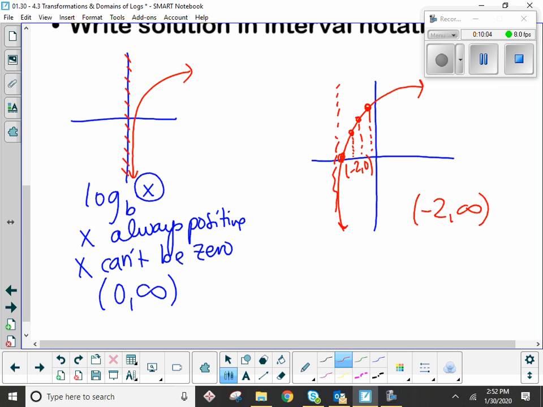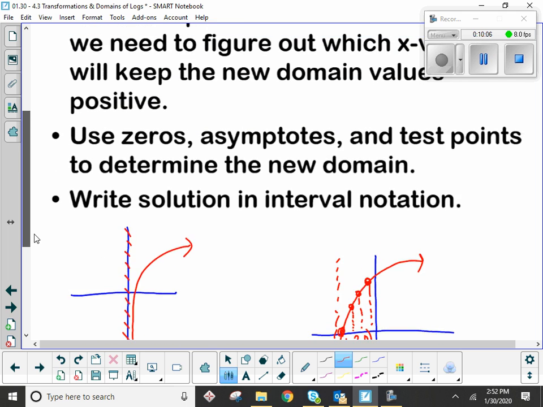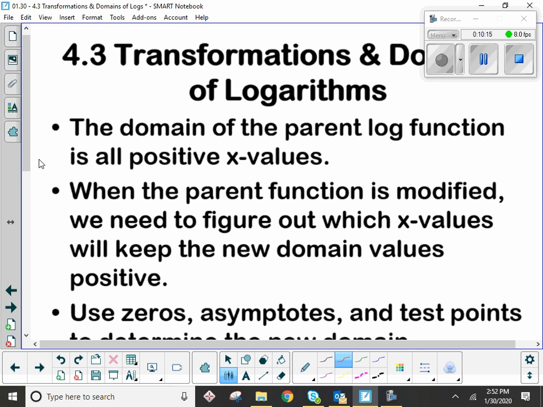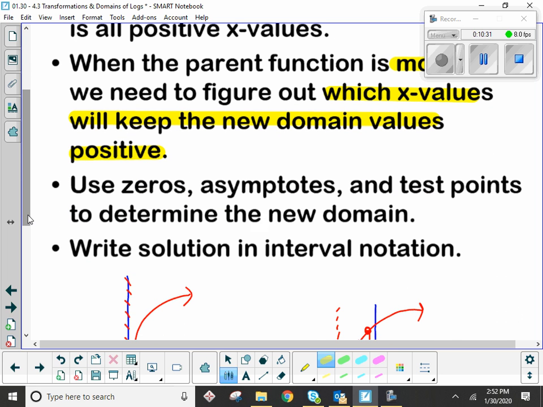So these words up here tell you a bunch of this that I already said. The domain of the parent log function is all the positive x values. We said that. When the parent function is modified, we need to figure out which x values will keep the new domain values positive. It says we're going to use zeros, asymptotes, and test points to determine the new domain.